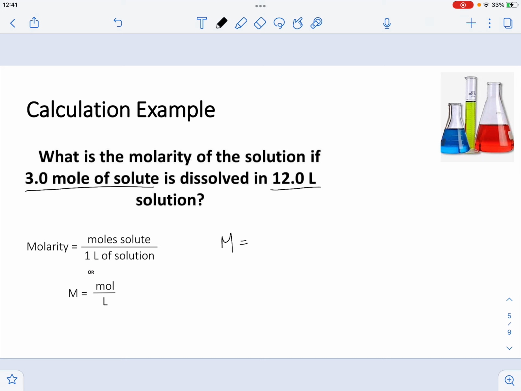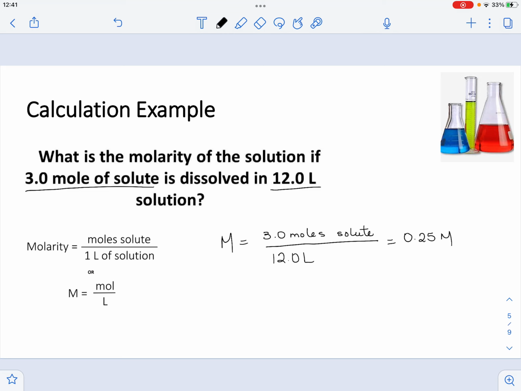So molarity equals 3.0 moles of solute divided by the volume of the solution, which is 12.0 liters. This solution specifically has a molarity of 0.25 molar.